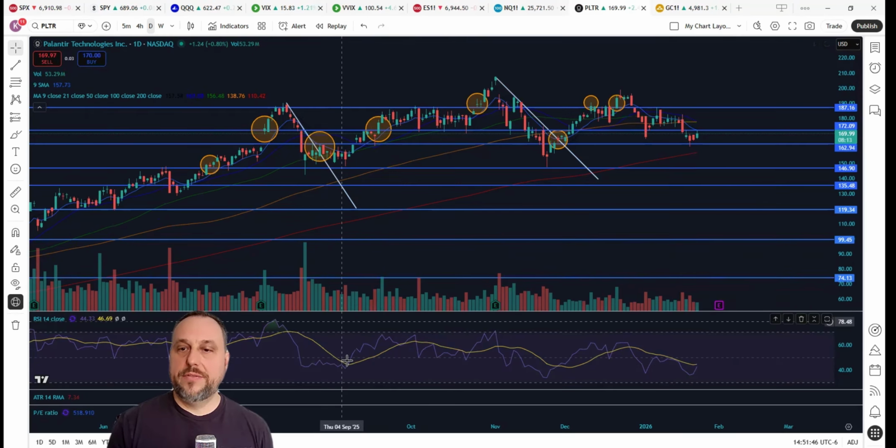But if you didn't get the RSI signal, it would have stopped you from chopping sideways all this time. And then when you did get the RSI signal, you'd already gotten the breakout from the downtrend right here. So those two criteria are met. That might be enough for you to take an entry and you would have had a nice win.